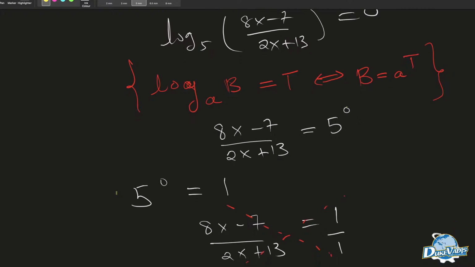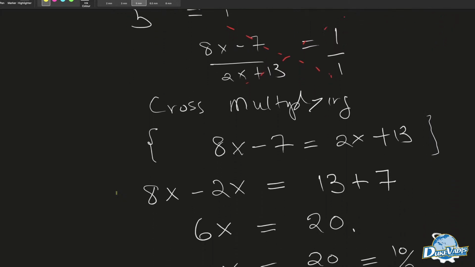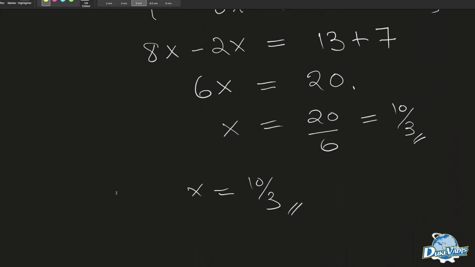We know that 5 goes to the right hand side and is raised to the power 0. But we know any number raised to the power 0 is 1. After that we did cross multiplying and we were able to find our answer. Isn't that beautiful, friends? Well, let's tackle one more question.